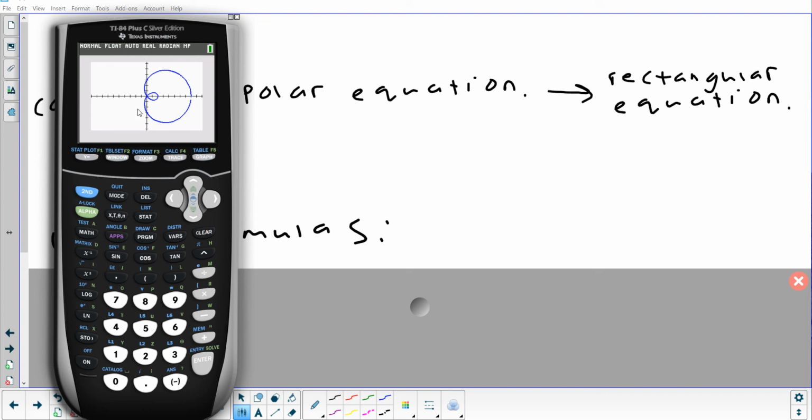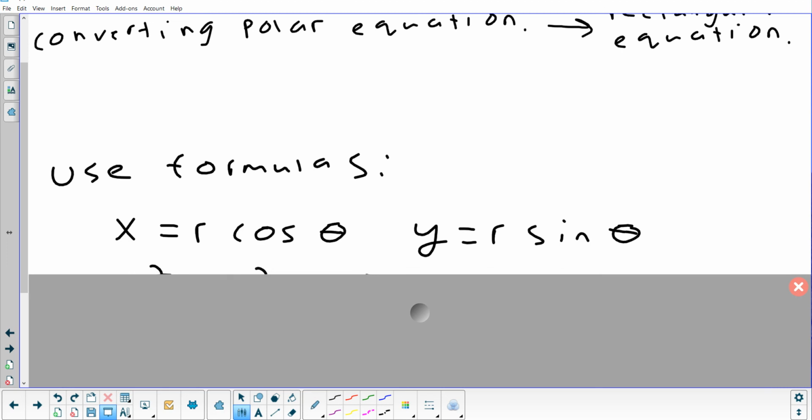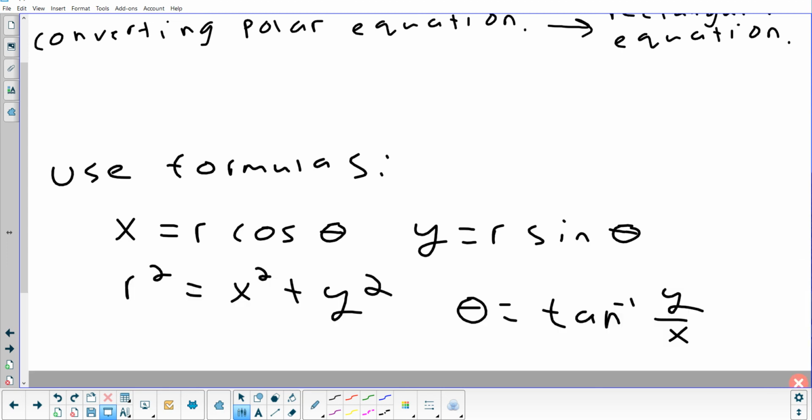You can change it to a rectangular equation, but it's not going to be something you can type in on the calculator unless you split it into multiple pieces and maybe draw a top part and a bottom part, kind of like a circle. But think about all the different formulas that we have. These are all different formulas that give you some type of connection between function notation and polar.